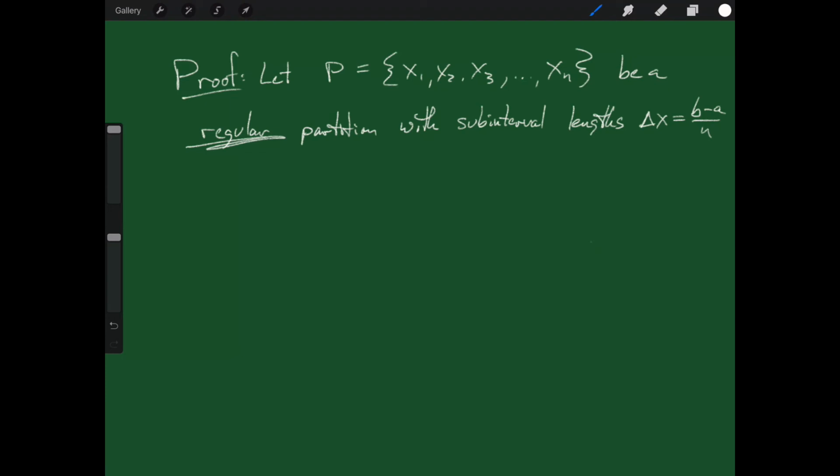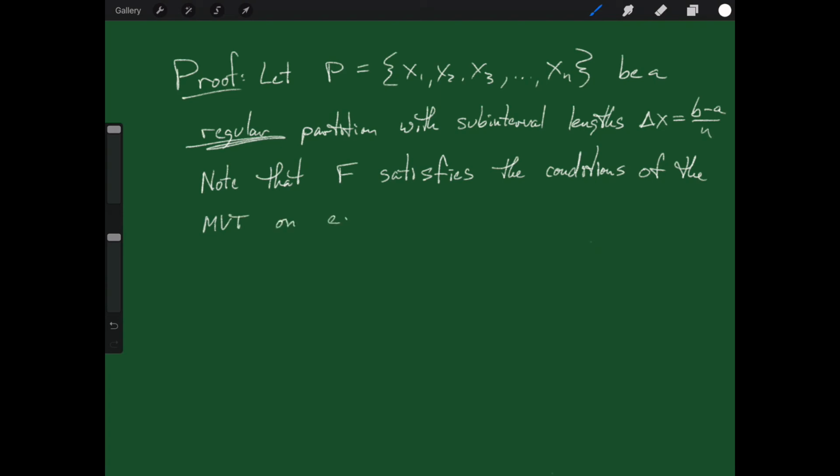So note that this function capital F, if it exists and we can find this special antiderivative, satisfies the conditions of the mean value theorem on each interval from x sub k minus 1 up to x sub k.